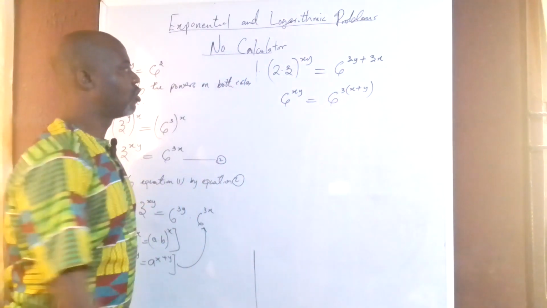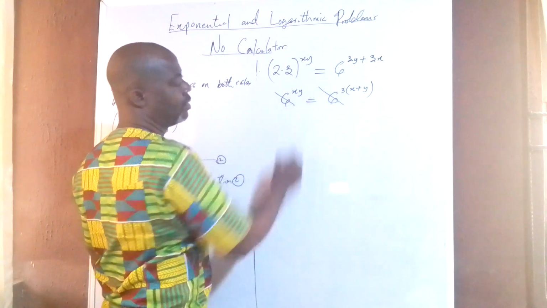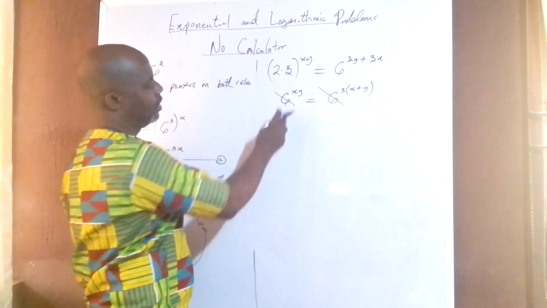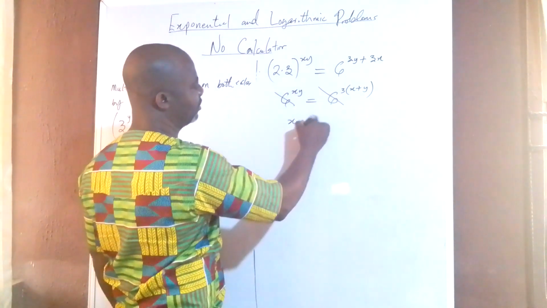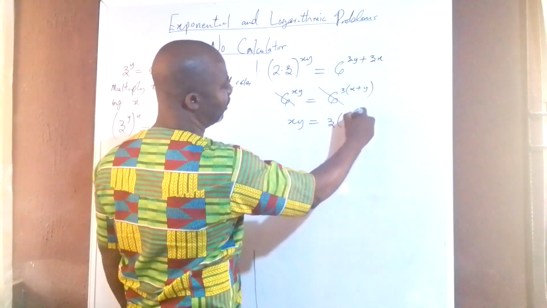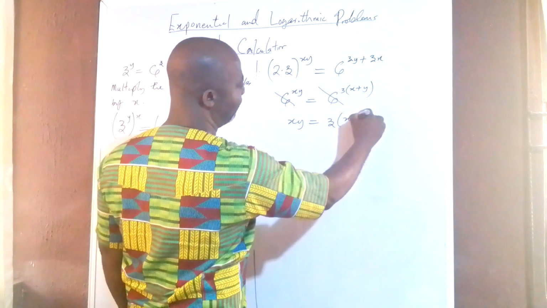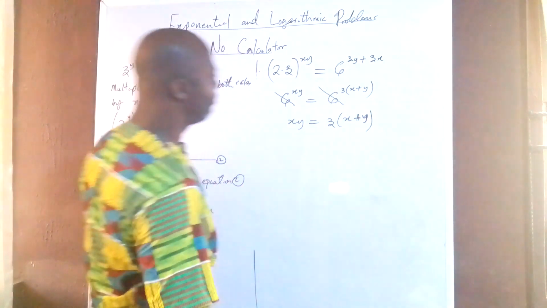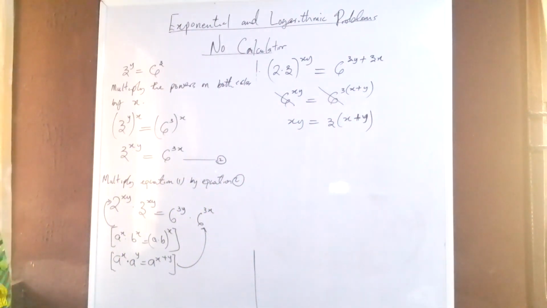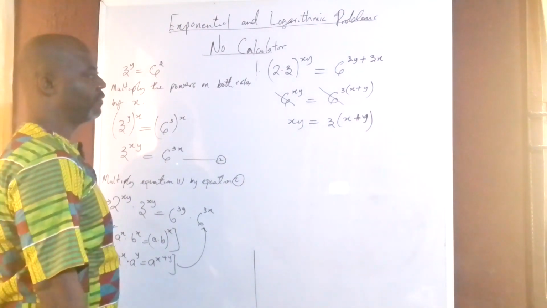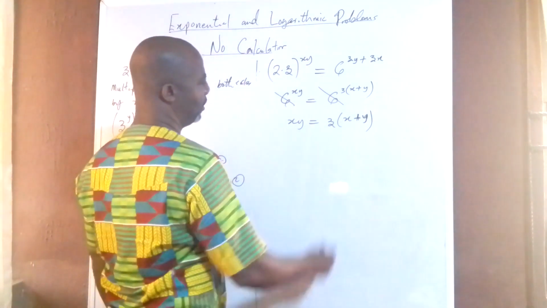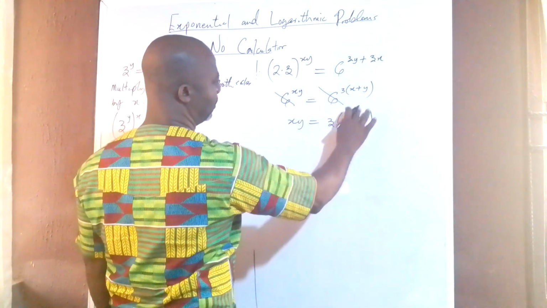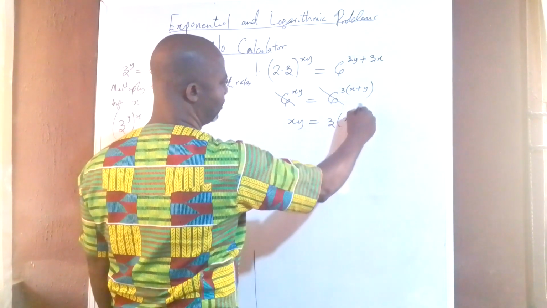So from here, base 6 on both sides are the same, so they cancel each other out. So we are going to have xy equal to 3 bracket x plus y. Now, should we divide both sides by x plus y, or divide both sides by xy?